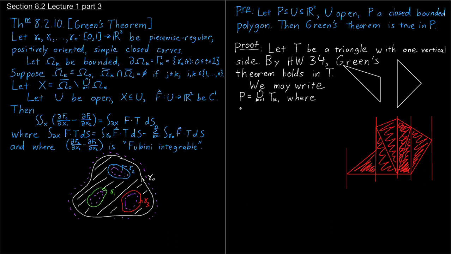what's true about the T_k's? Each T_k is a triangle with a vertical side.